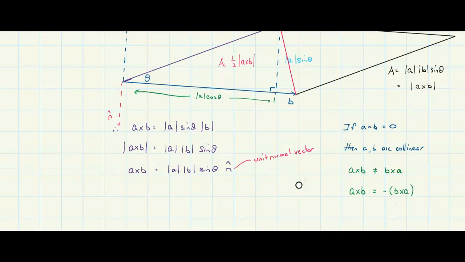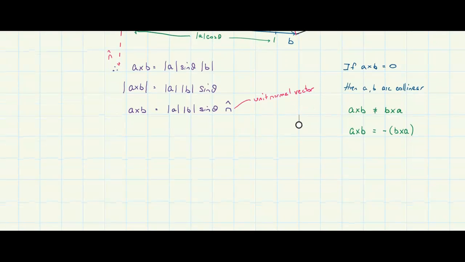So let's see, how do we calculate the cross product? Let's have a look at an example, a fairly straightforward one. I'm just going to pull one out of my hat. Remember, only in 3 dimensions does this have any sort of meaning.